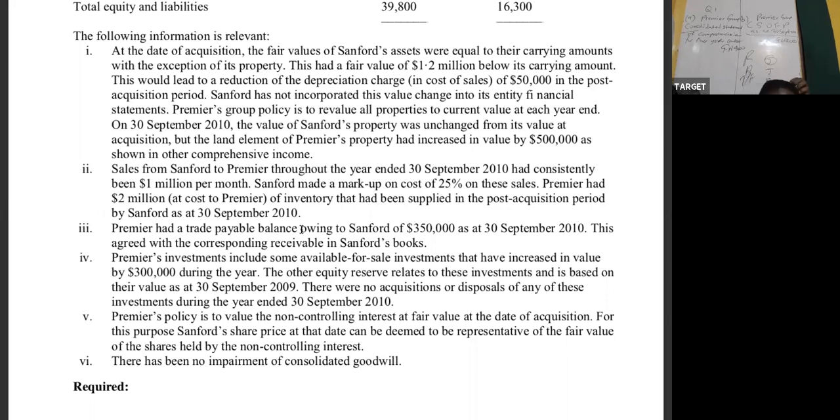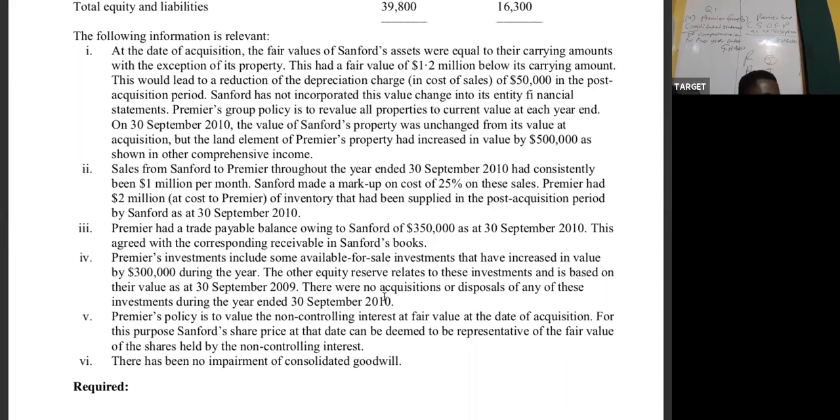So first thing, calculate the intra-group sales. What's the intra-group sales? 1 million by 4 months, making 4 million. What's the accounting treatment? Eliminate it both from the sales revenue and from the cost of sales.